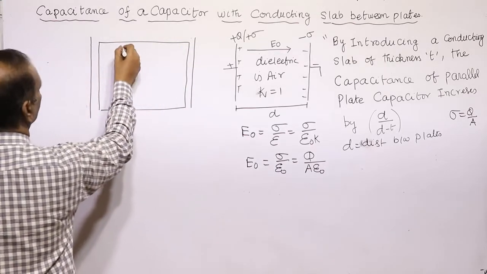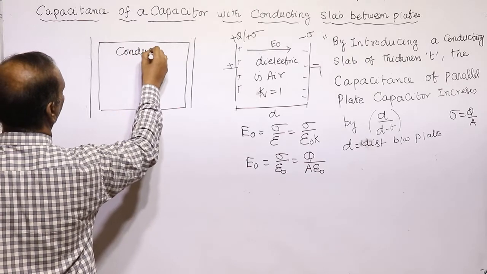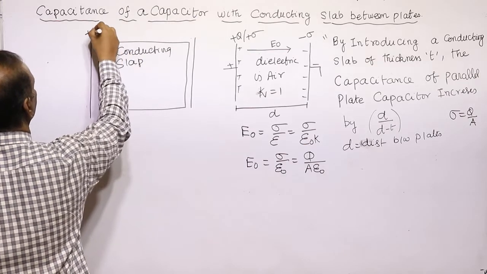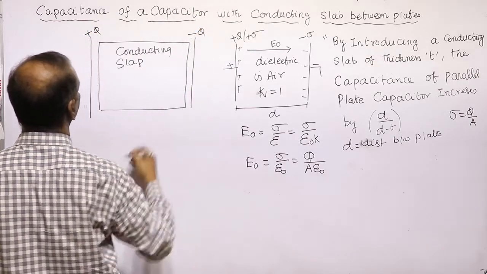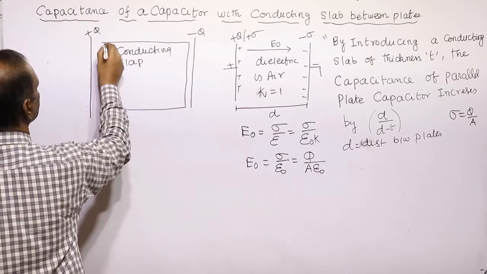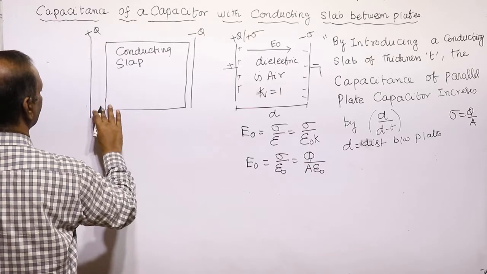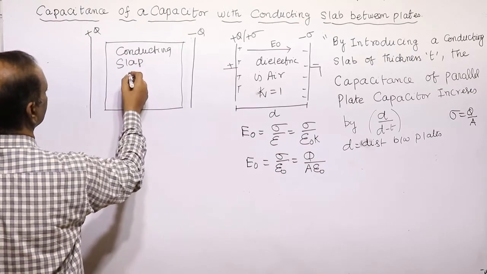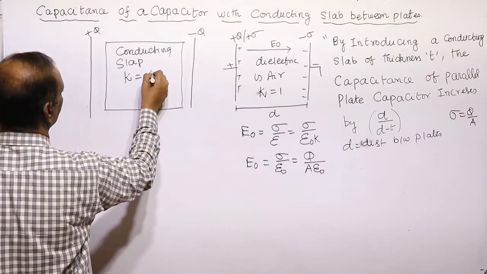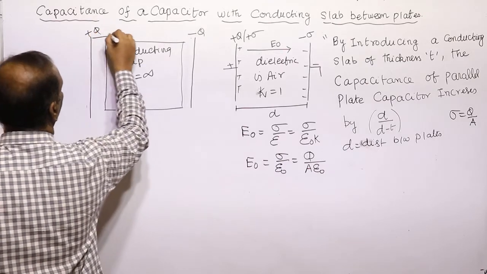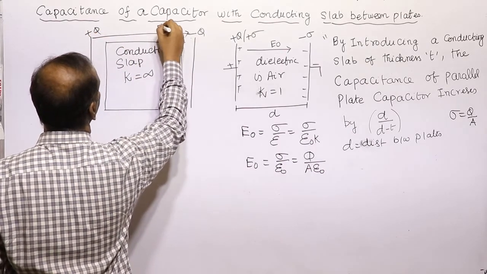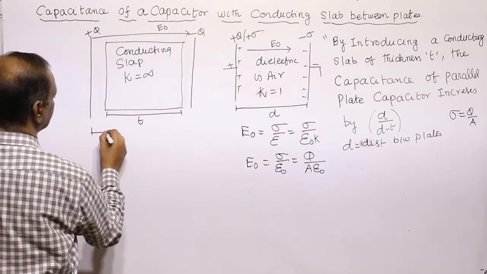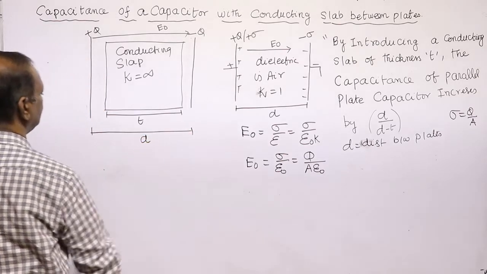This is the parallel plate capacitor with minus Q. We have inserted a conducting slab between the plates, where K is equal to infinity. The applied electric field will go like this, the thickness of the conducting slab is t, and the distance between the plates is d.